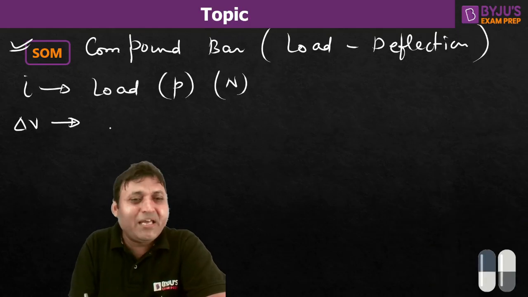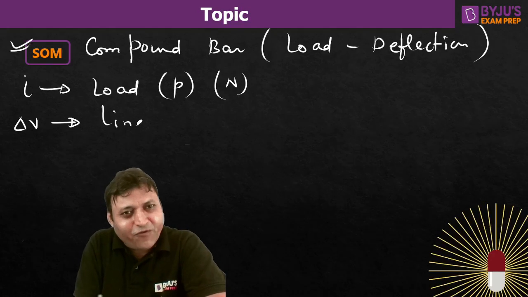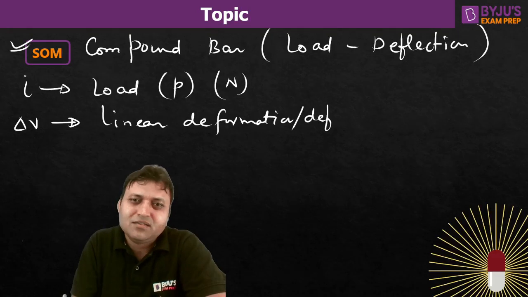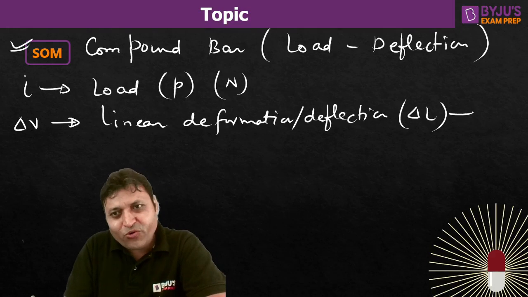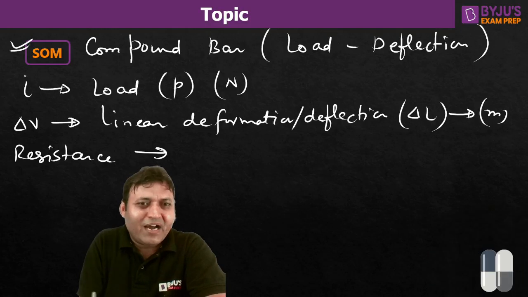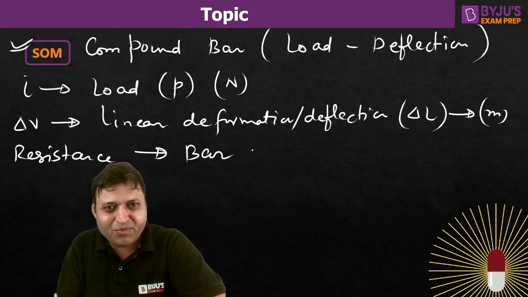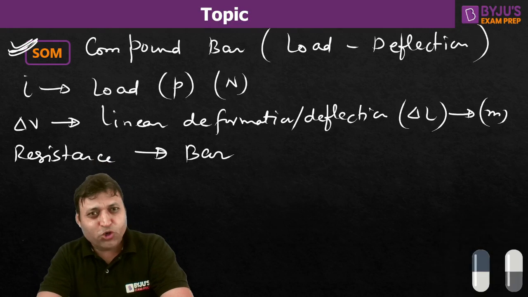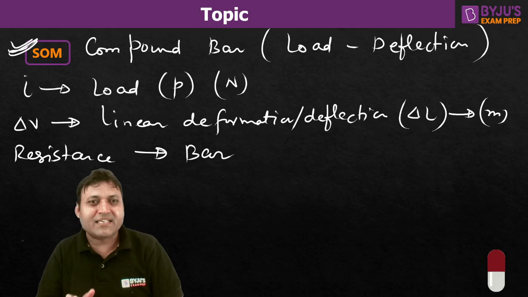Delta V will be replaced by the linear deformation or linear deflection, that is delta L. The unit is meter, and the resistance can be replaced by the bar, the compound bar or composite bar.